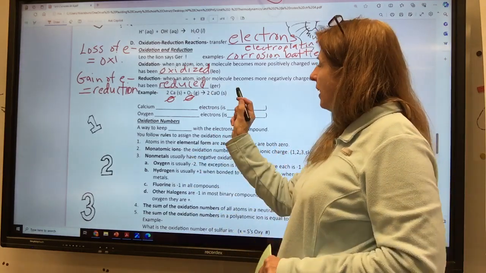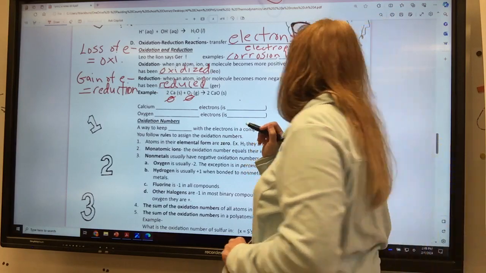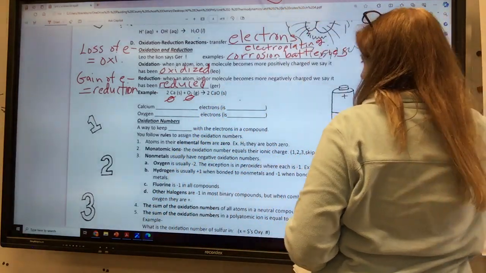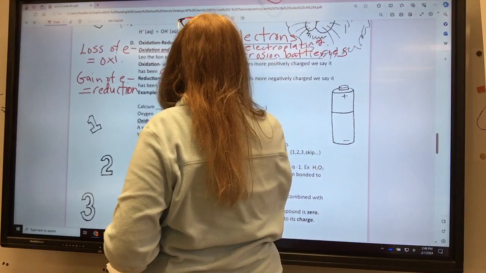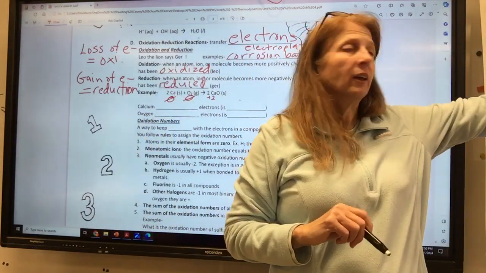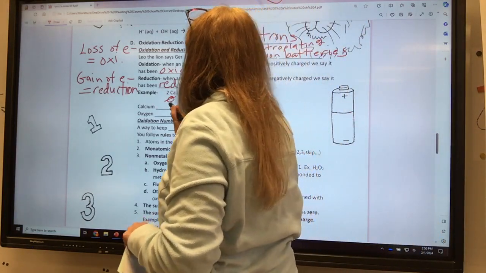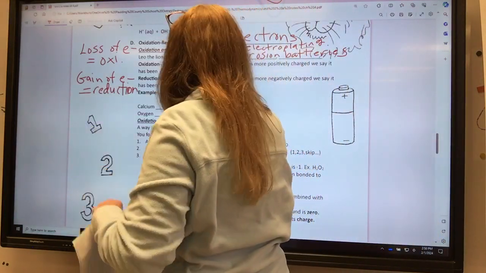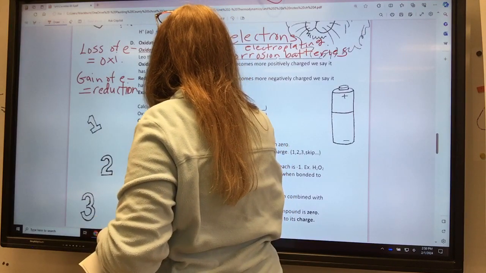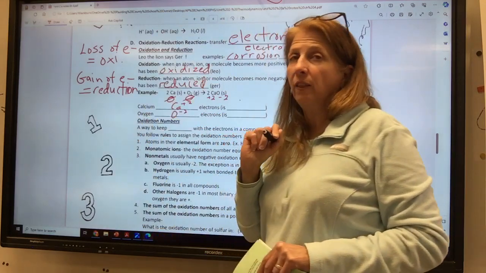What charge are the calcium ions here? +2, because over here, +2, right? So this one is +2. And what charge is oxygen? -2, okay? So calcium is +2. Oxygen is -2. Everybody good so far?